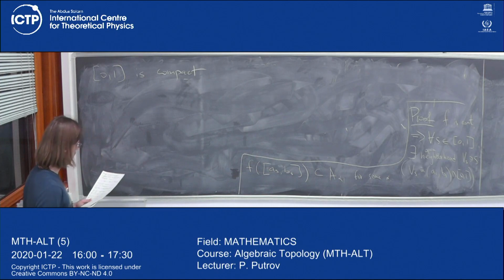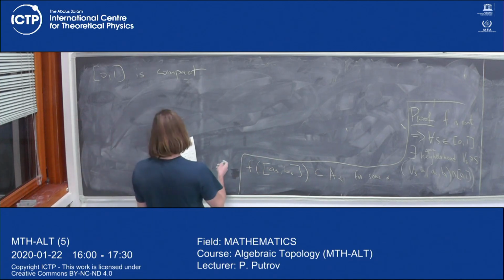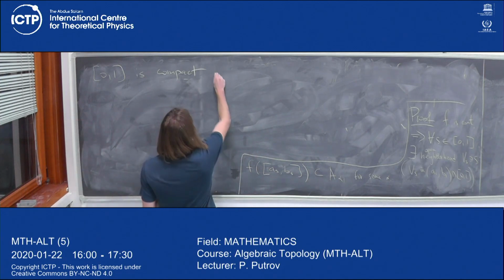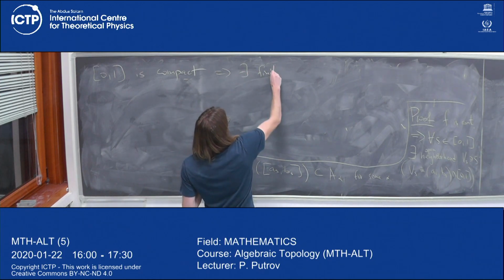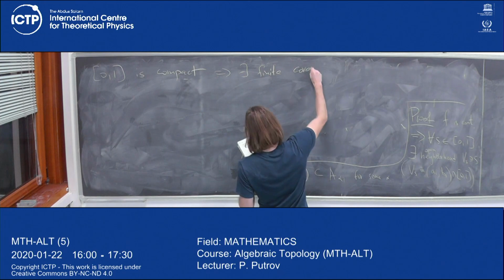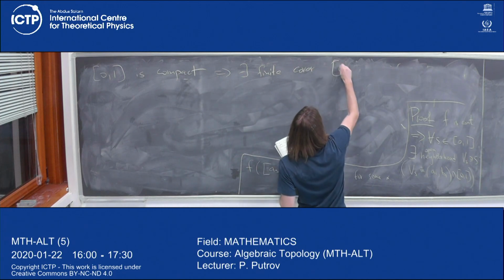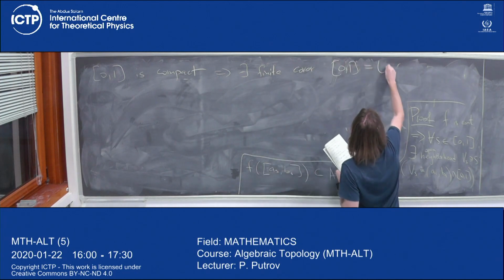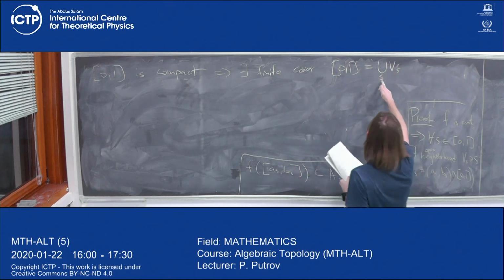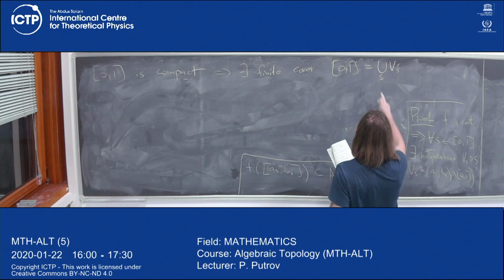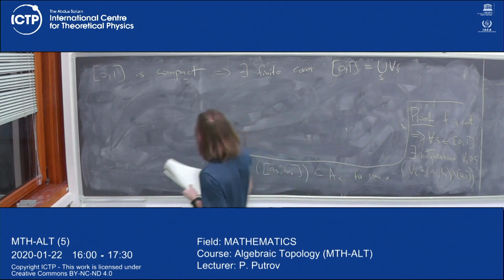So I can say that there exists a finite cover like this, where the index only runs over some finite set.